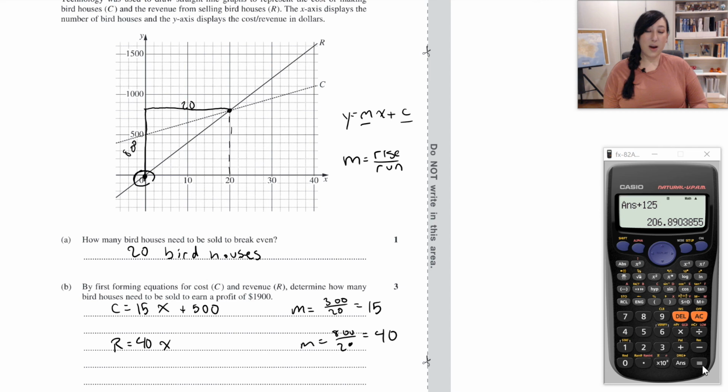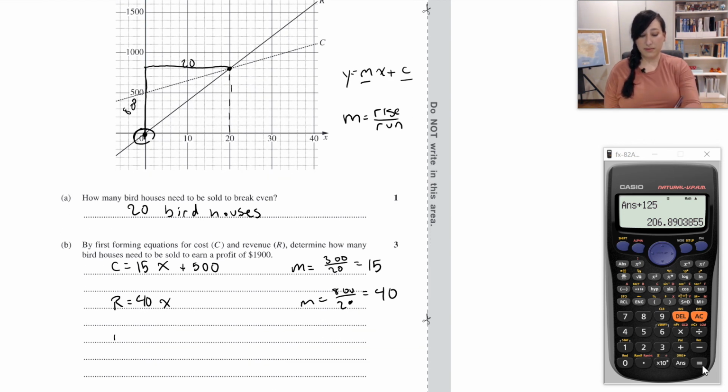Okay, now we have our equations for C, the cost, and R, the revenue. And we need to work out how many houses need to be sold to earn a profit of 1,900. So if we think about it, profit is your revenue minus your costs.